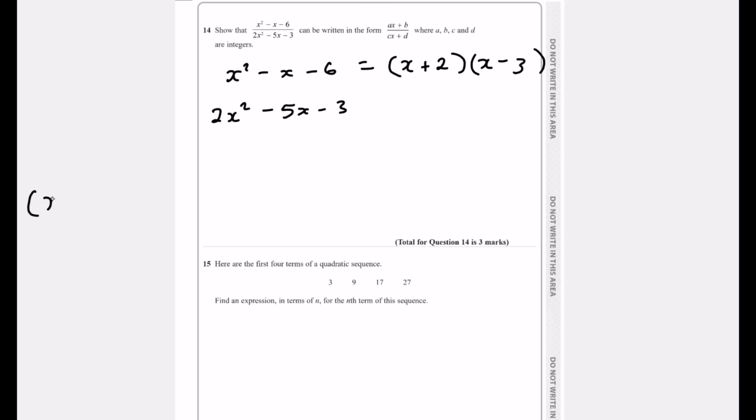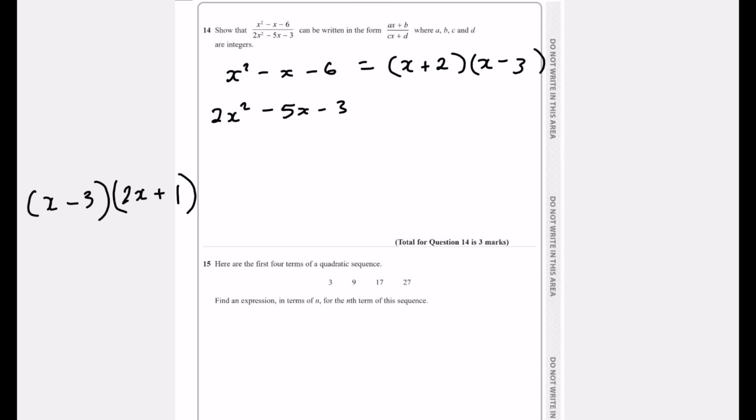Let me just show you how this works. If I know one of the brackets is x minus 3, the first term, 2x squared, comes from x times something. So x times something is 2x squared. That has to be 2x. And the last term is negative 3 times something. So negative 3 is negative 3 times something. That has to be a 1. So it is going to be this.